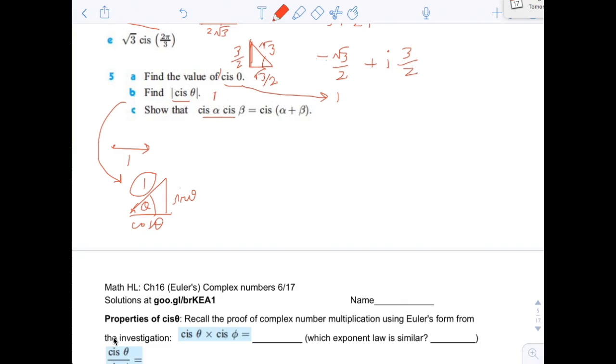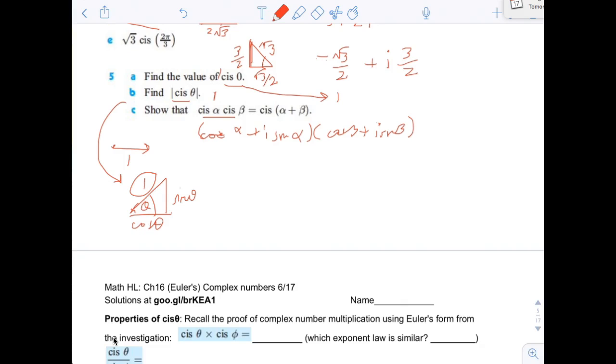Show that cis alpha times cis beta equals cis alpha plus beta. Okay, so for this case, let's expand it out. So if we have cosine alpha plus i sine alpha for cis alpha, and we have cosine beta plus i sine beta.